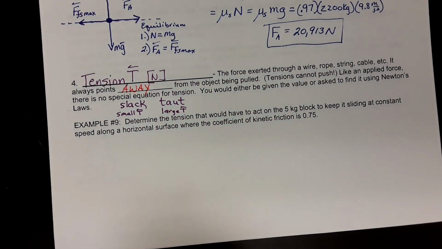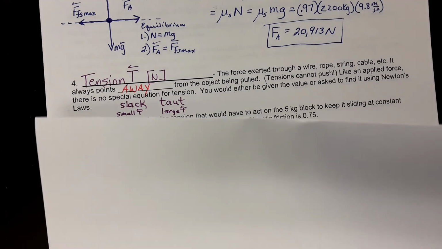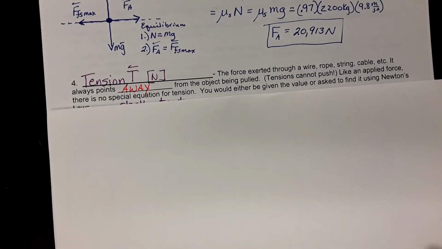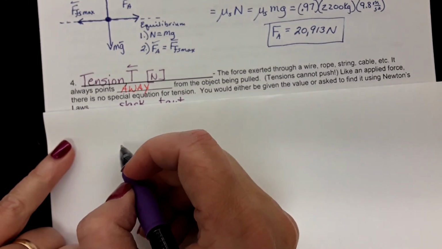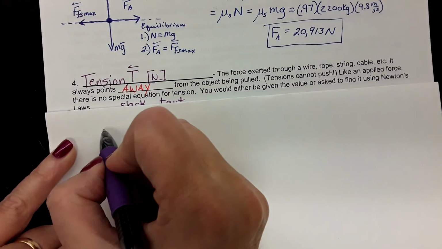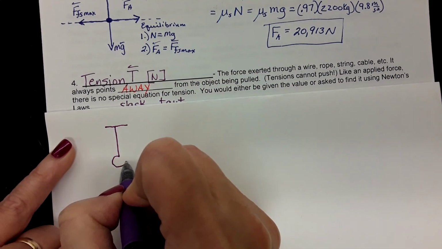Now, some other things I want you to be aware of, and we're going to do a few little diagrams. You don't necessarily have to put this down, but you might find it useful if you've got a little scrap paper somewhere. You can always pause this video to get one if you want. Let's look at a few situations for things we need to know about tension. Let's start by looking at an object that is hanging from a thread.